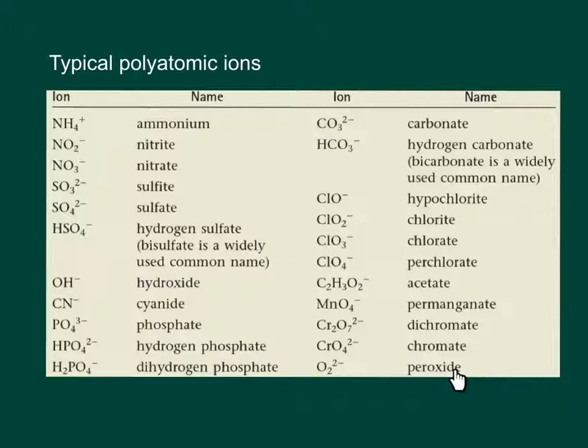So how do these play when we're talking about naming? Let's look at one from each of the types of binary compounds, because you use the same rules. In our last video we talked about the 3 types of binary compounds: type 1, type 2, type 3, and what the different rules were.